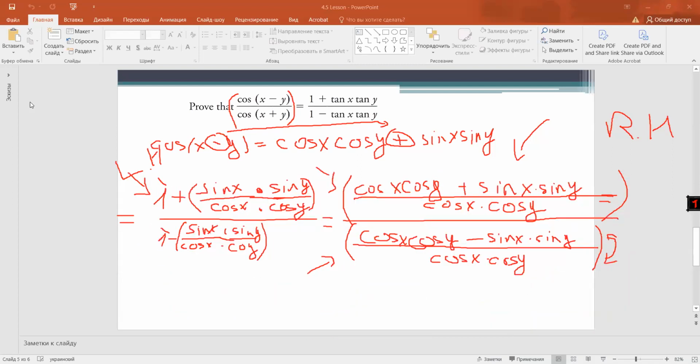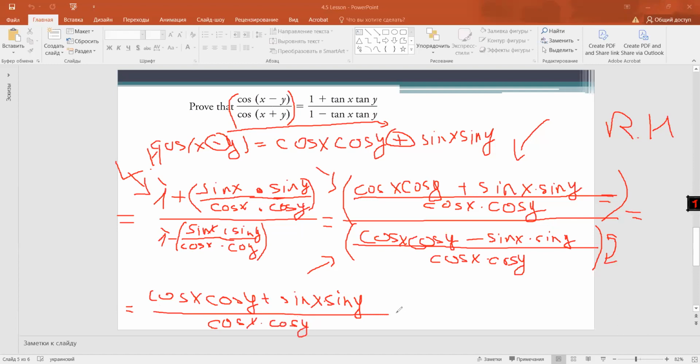I'll move this up a little bit. And now, next line, it is equal to cosine x times cosine y plus sine x times sine y over cosine x times cosine y, times cosine x times cosine y in the numerator, over what was in the denominator before, now in the numerator: cosine x times cosine y minus sine x times sine y.